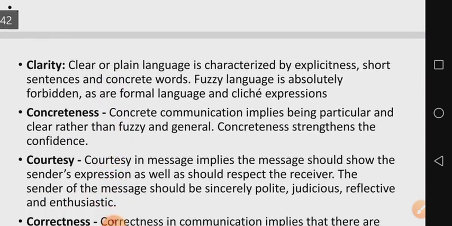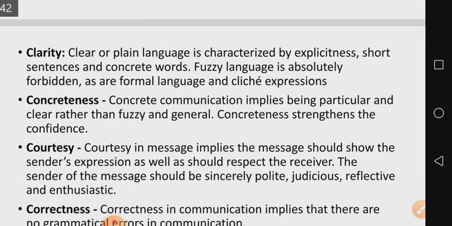Next point: concreteness and clarity are almost similar things. Clear or plain language is characterized by explicitness, short sentences, and concrete words. When you say something or write something, that should be clear. There should be clarity in your statements, in what you want to say or convey.